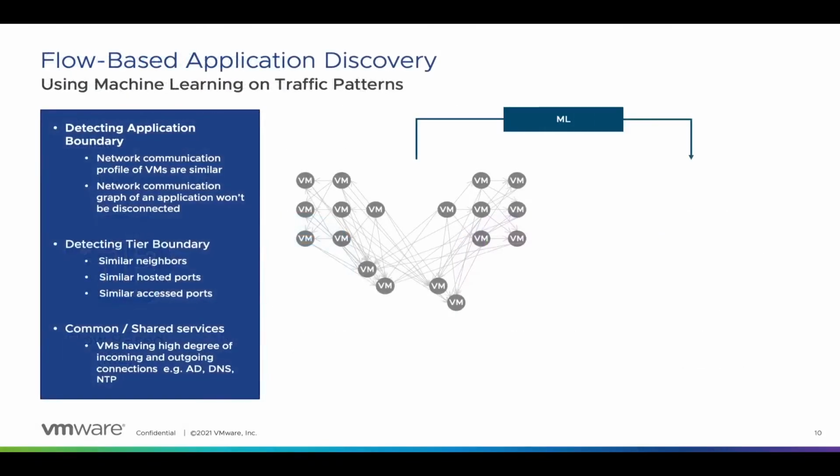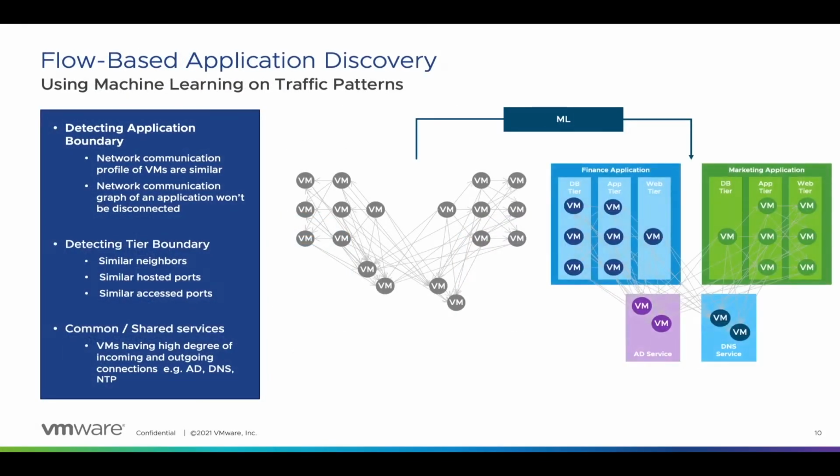And when we combine the flow based application discovery, we can unravel that there are common services, for example AD, consumed by finance and marketing irrespective of the naming convention, or there are DNS services being used. But at the same time, what if there are any DNS servers which are using legacy operating systems, for example Microsoft Windows 2003, 2008?